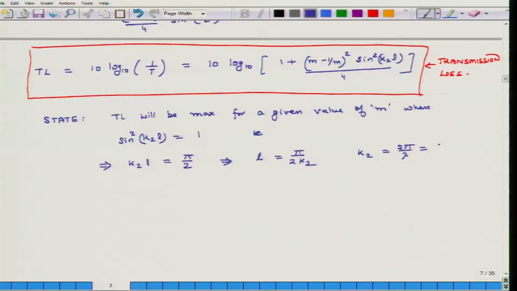And what is lambda? It is equal to C divided by F. And 2 pi F is equal to omega, so K2 is equal to omega over C. We will do some math.